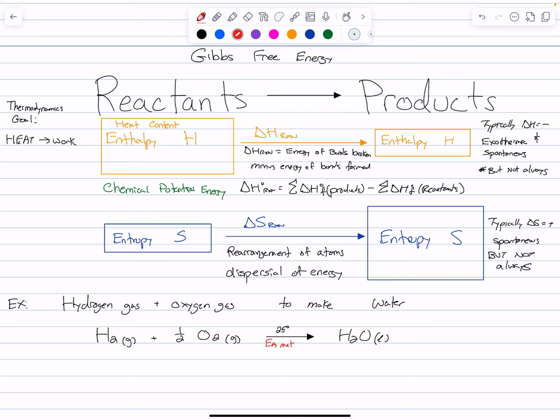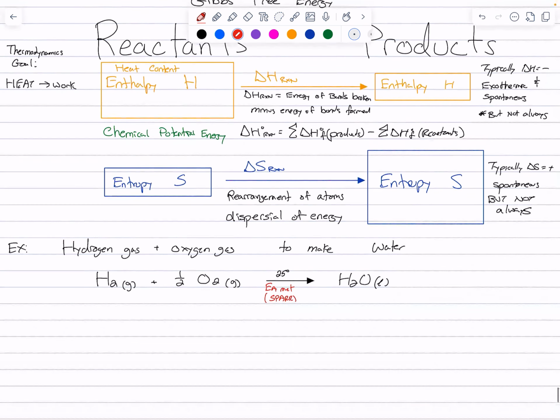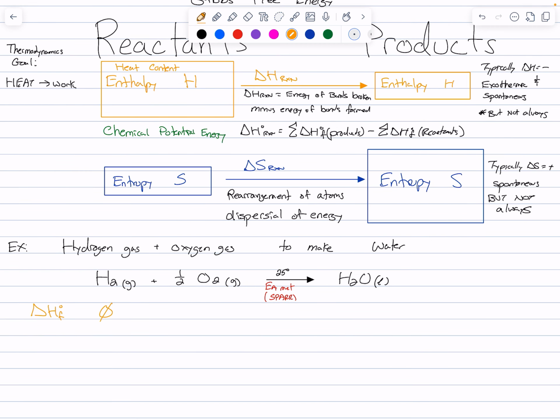Now the delta H values: if you look in the back of your textbook, delta H_f standard is 0, 0, and negative 286 kilojoules per mole.